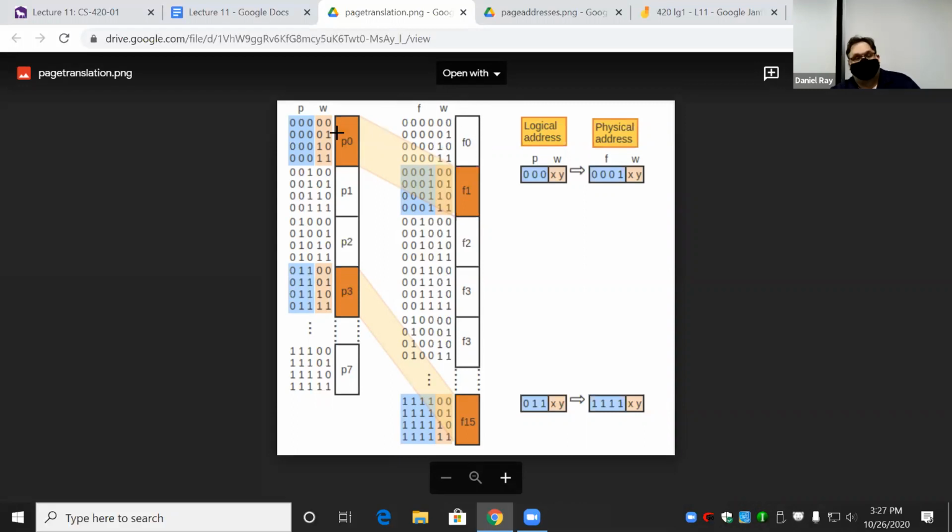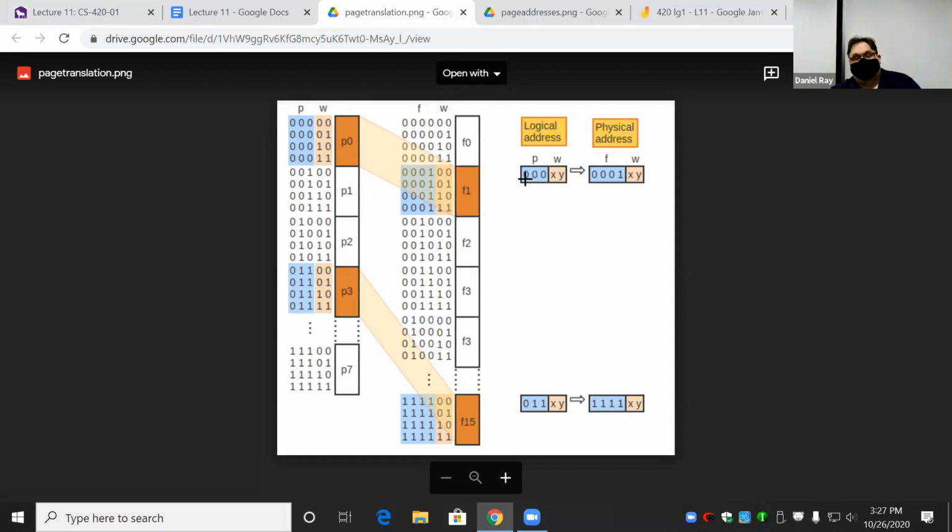Okay? So we use 2 bits to manage the offset, to address each individual word in every page frame. Every page frame. Okay?